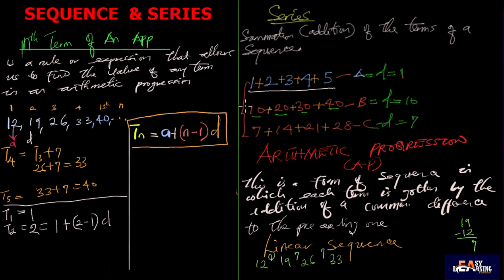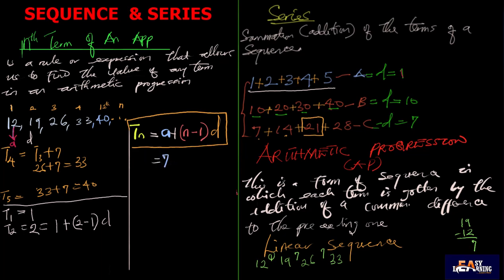For instance, this term here that we have, this is term number what? 1, 2, 3. This is term number 3. If we did not know this as 21, we can solve for it using our formula. And how do we do that? We know the first term, right? The first term here is 7. So in the place of a, we are going to introduce 7.